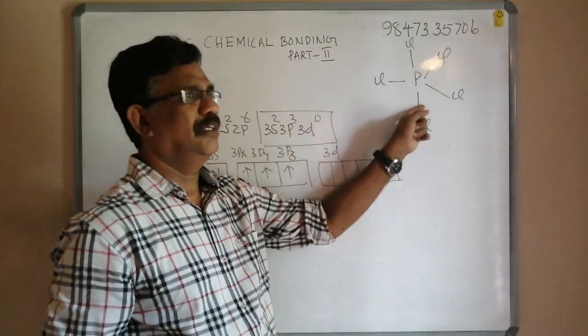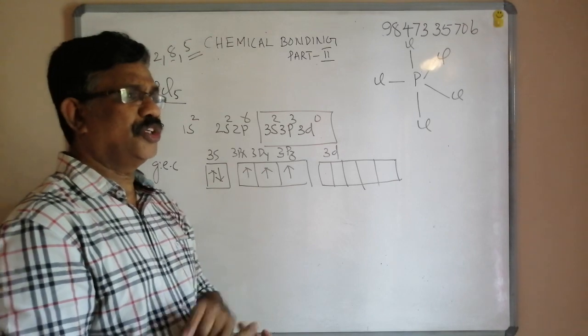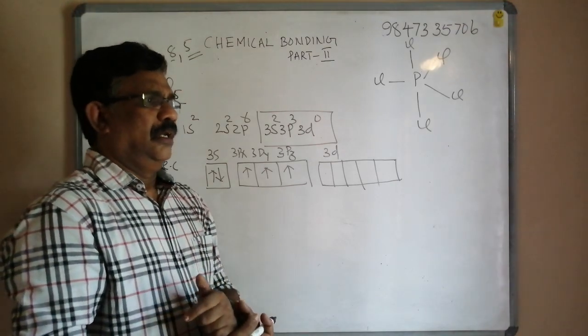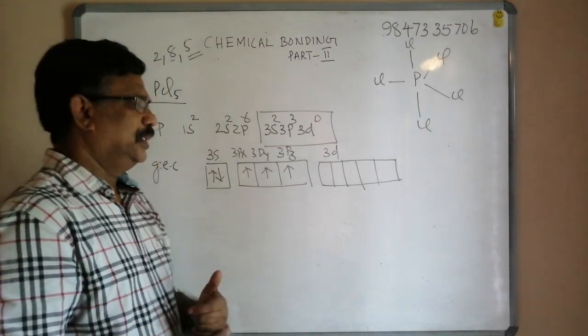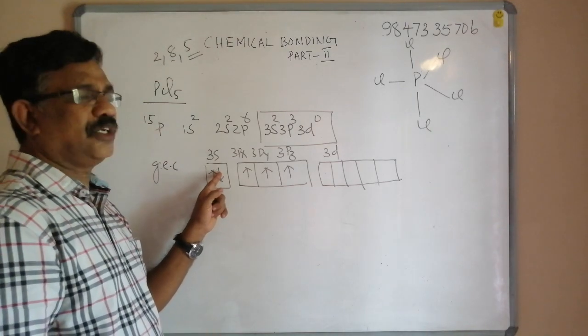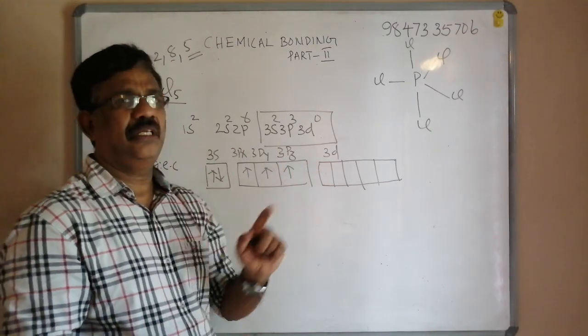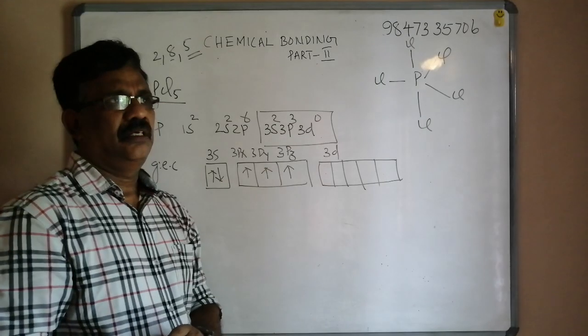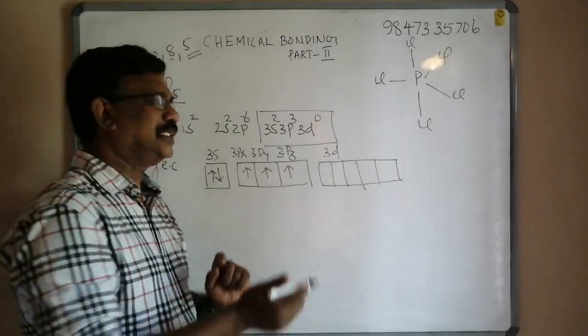Actually phosphorus is pentavalent. So in order to expand the valency to 5, one of the 3s electrons is promoted to the vacant 3d level, and that state is called the excited state.